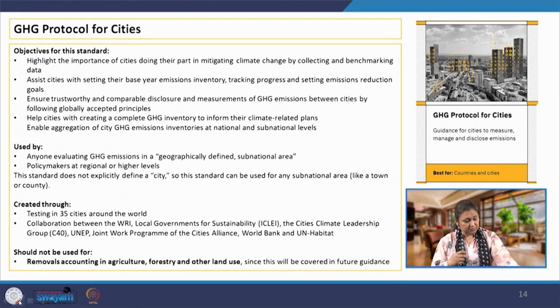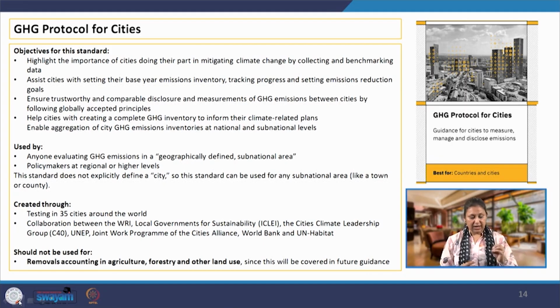Then we have GHG protocol for cities. So, objectives are pretty much the same, just that this is for cities, and the inventories, when we are talking about cities, are going to be many, because there are several businesses, and each business will have its own reporting. But when we are talking about cities, we will have the infrastructure projects.